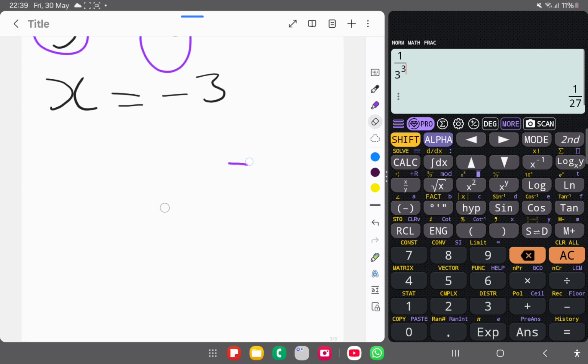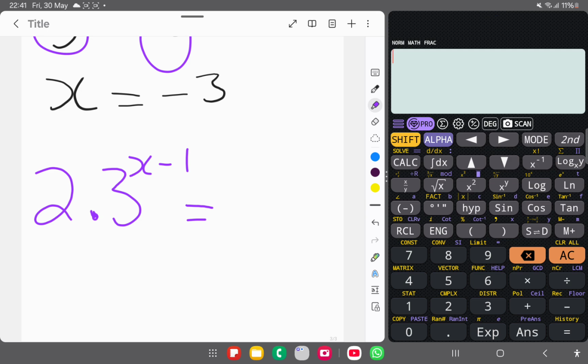Now let's say you're given something like this: 2 times 3 to the power of x minus 1 equals, let's just say, 18.